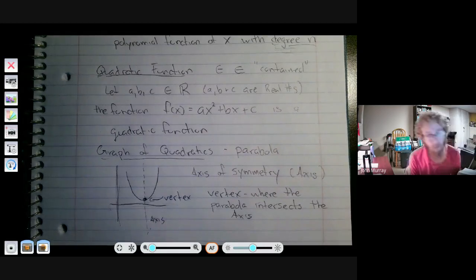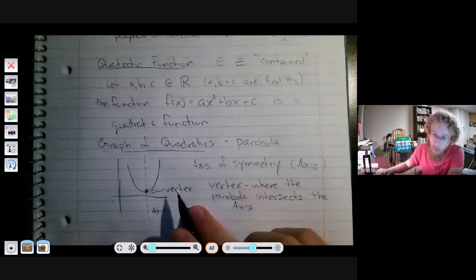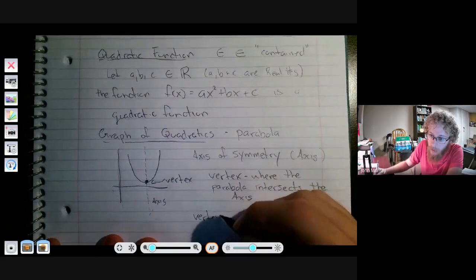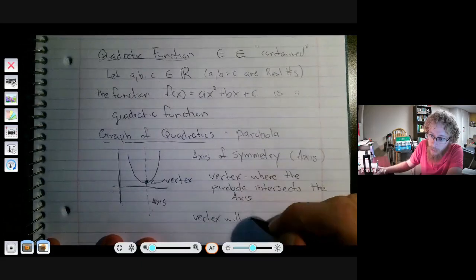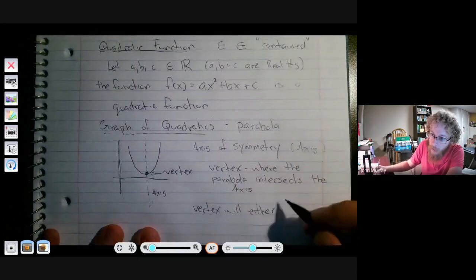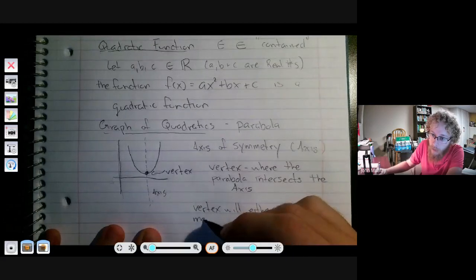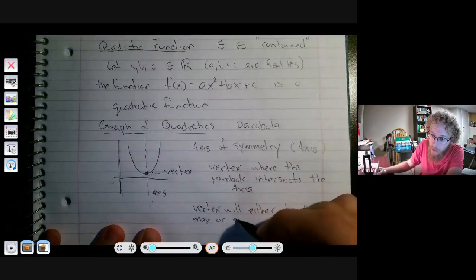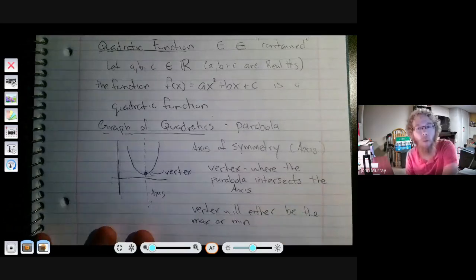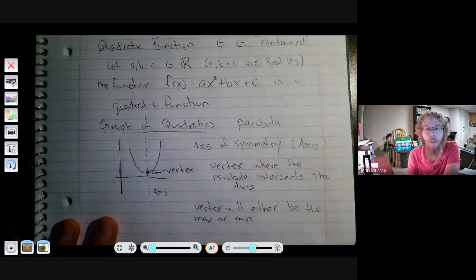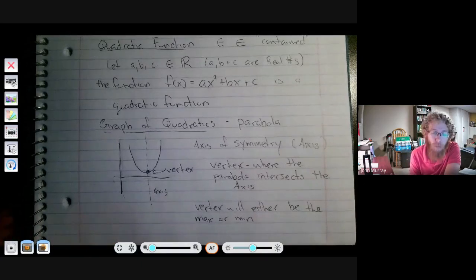Now, there's something else special about our vertex. For a parabola, the vertex will either be the maximum value or the minimum value, depending on how our parabola looks.